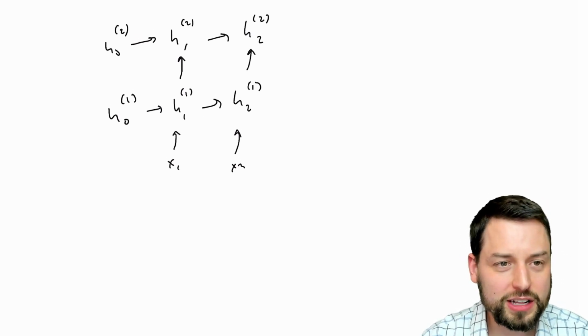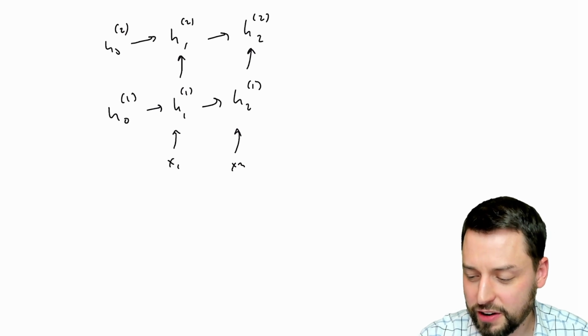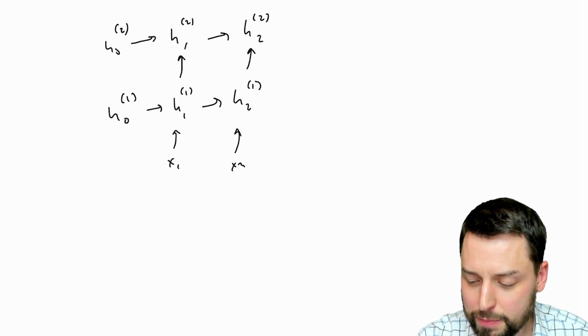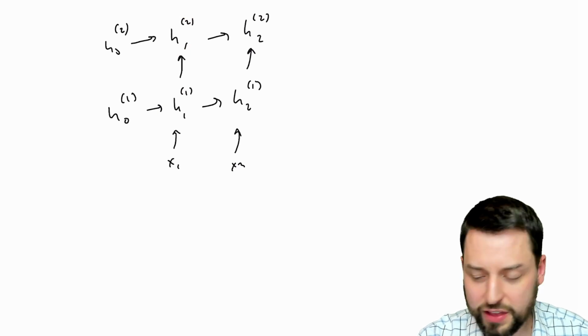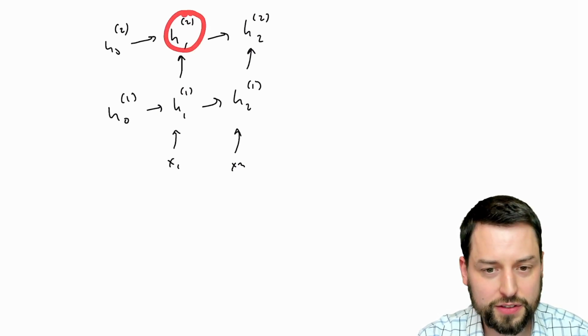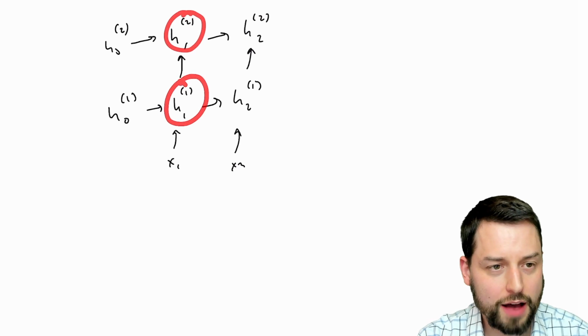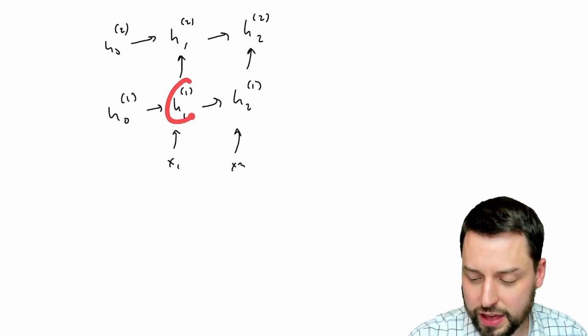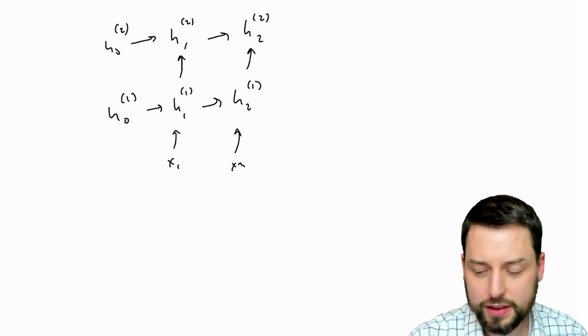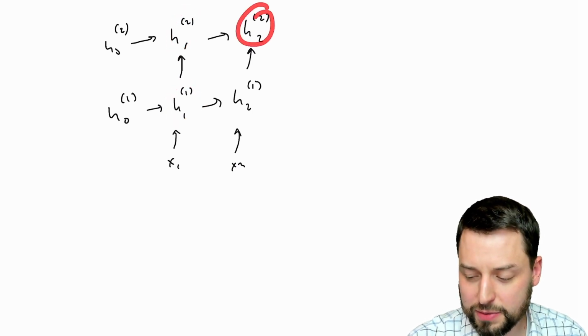I actually have a few options here now. If I want to compute this element here, I have everything I need to compute the second layer for this time after I've computed this element here. So I could compute this whole thing layer by layer and then time slice by time slice.